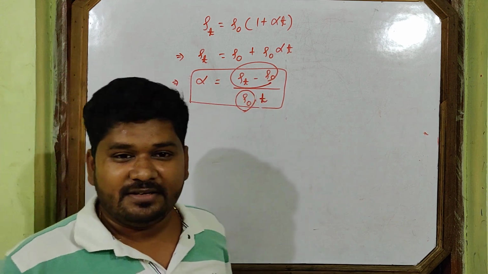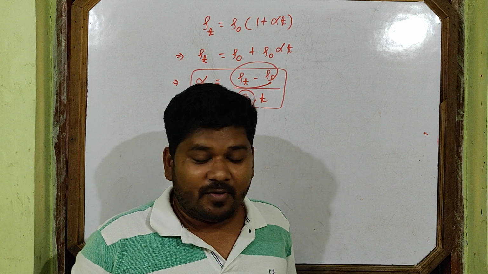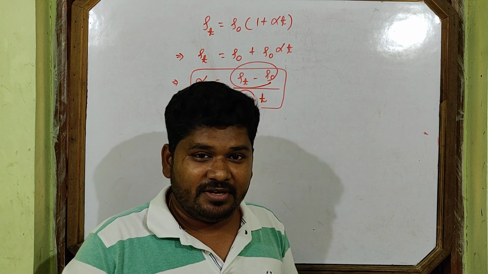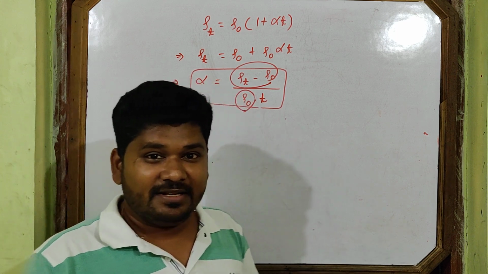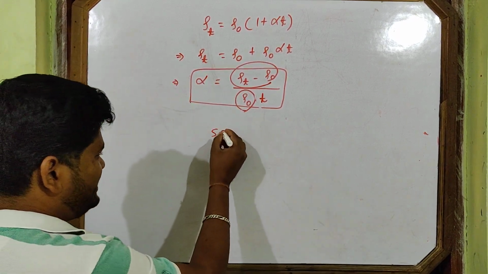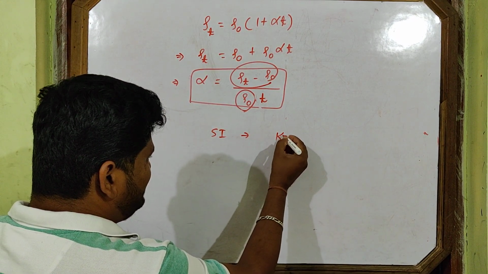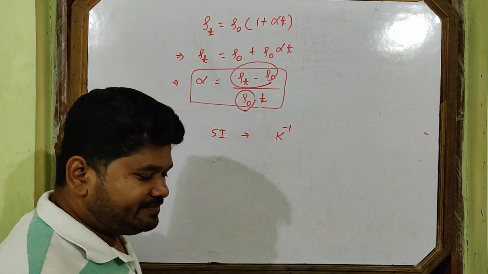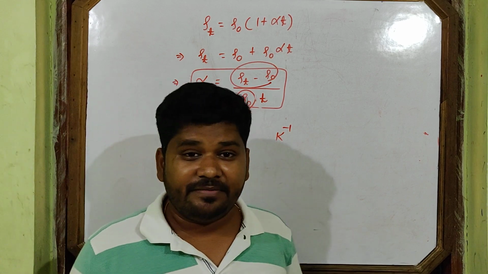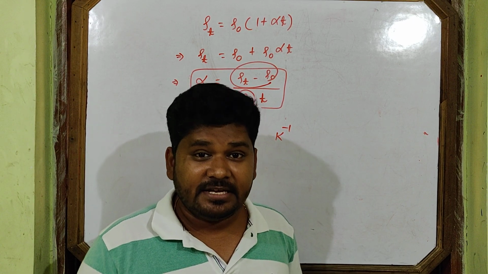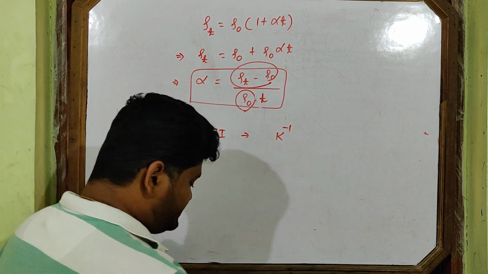What only remains? Temperature. What is the SI unit of temperature? Kelvin. So the SI unit is Kelvin inverse. Remember, very important: the SI unit of temperature coefficient of resistivity is Kelvin inverse.